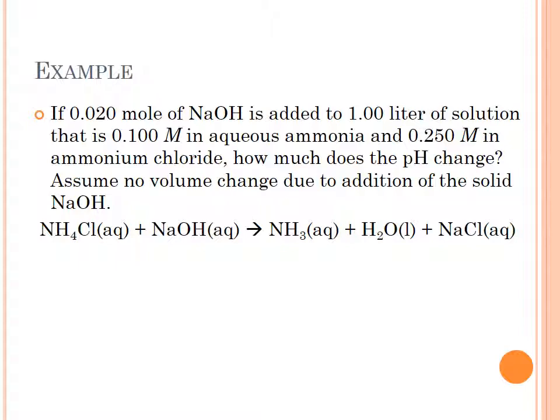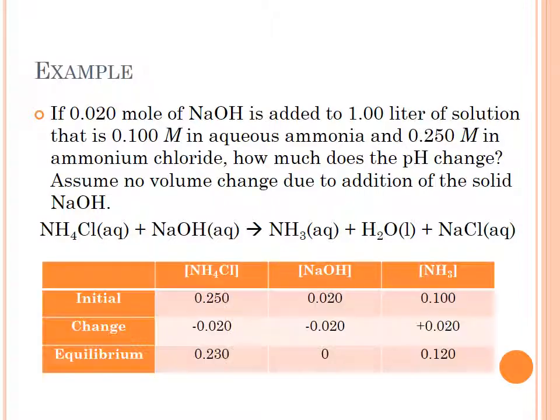In this case, the ammonium chloride is going to react with the sodium hydroxide, and we're going to form more ammonia, and then some water and some sodium chloride. But what's of interest is that we're going to reduce the concentration of the ammonium ion just a little bit and increase the concentration of the ammonia just a little bit. So we've got 0.250 ammonium, 0.02 moles of the base, and 0.1 molar ammonia.